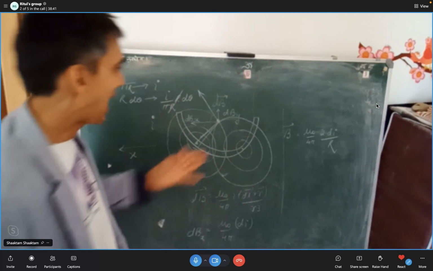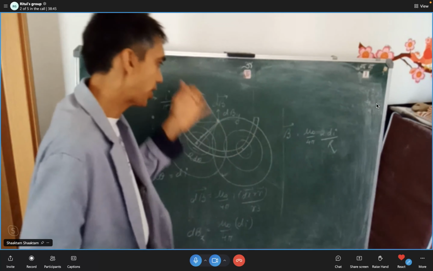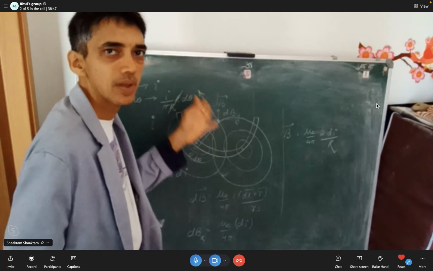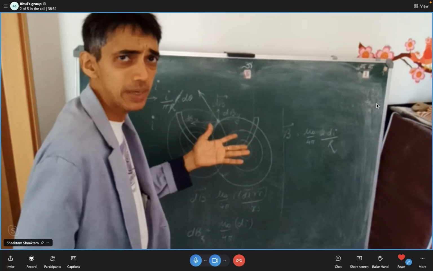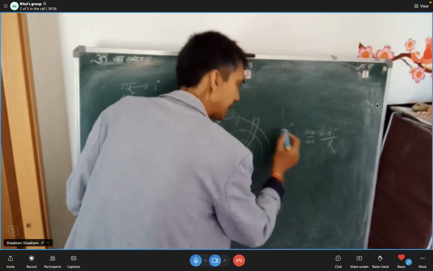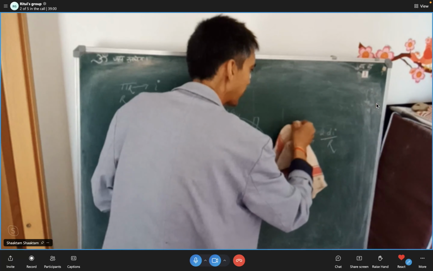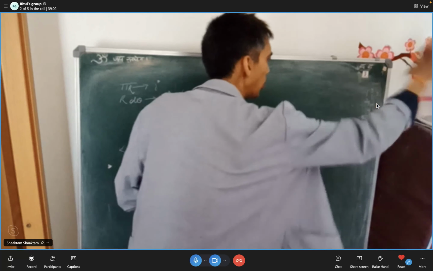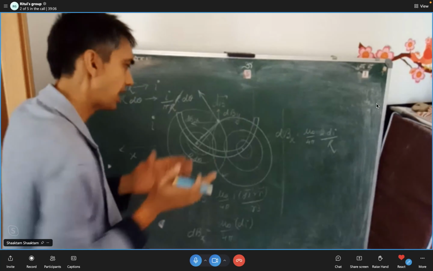That B, or dB, whatever you write, will be in this direction, correct? Yes, sir. You can break it in two and find what will be dBx. So I write dBx now here, and you know what I'm referring to. I'm referring to an infinitely long current carrying conductor, this one.